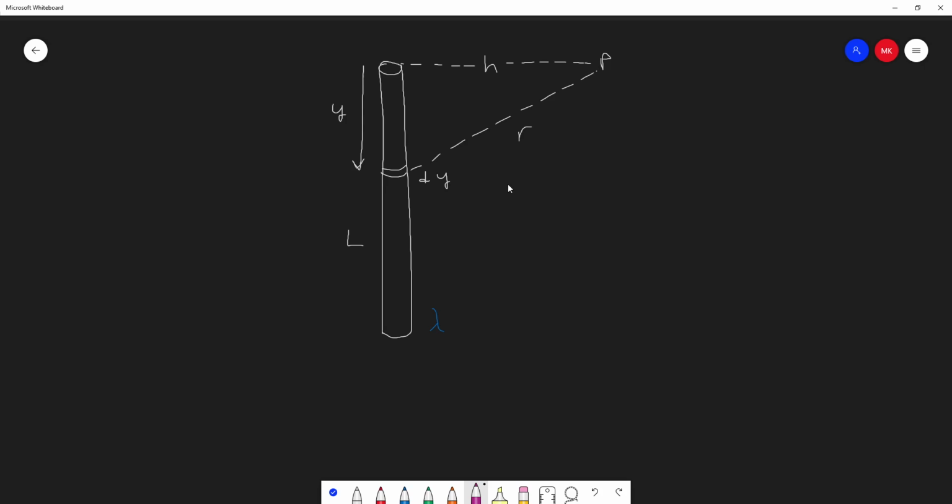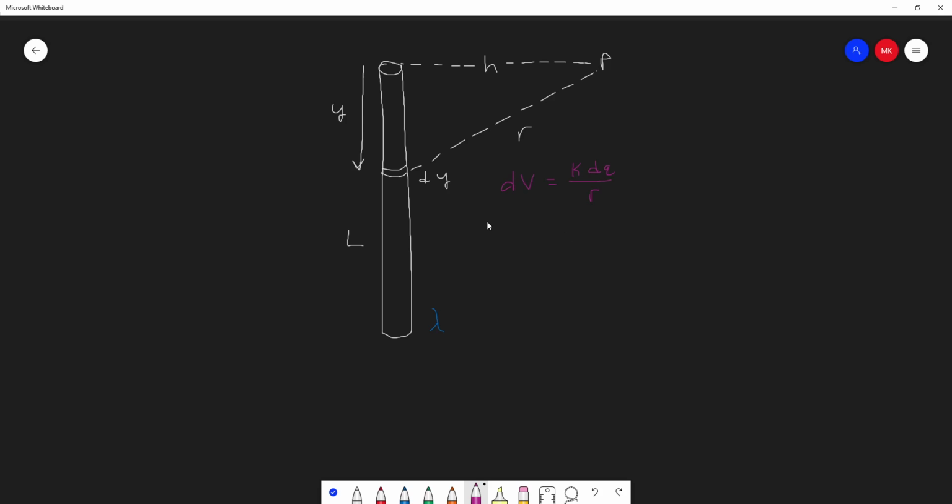It's just a scalar, meaning it's just a number, no direction. So, we start with our general form, dV equals K times dQ over R, our differential charge. Alright, let's relate our charge to our known variables.